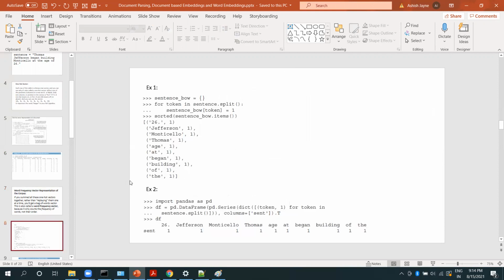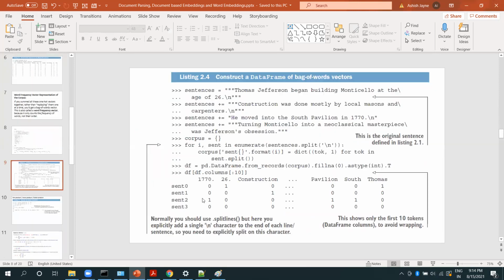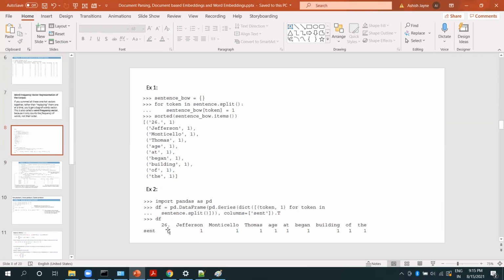If we are presented only one sentence and we have all the words in it, we simply add one for every word. The bag of words representation for that sentence would have all ones.